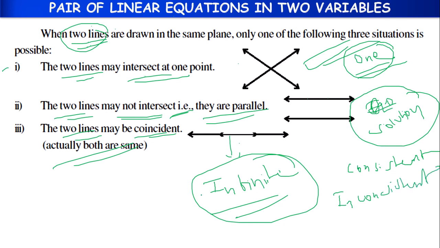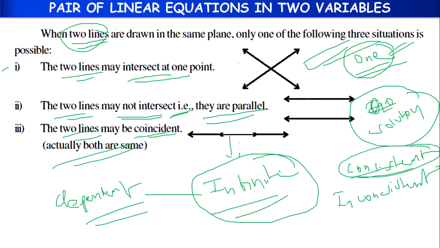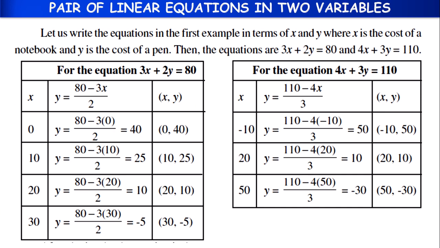If they have infinite solutions, they are called dependent equations. These consistent equations are also called independent equations. Like that, based on the solutions, we have names for the pair of linear equations.